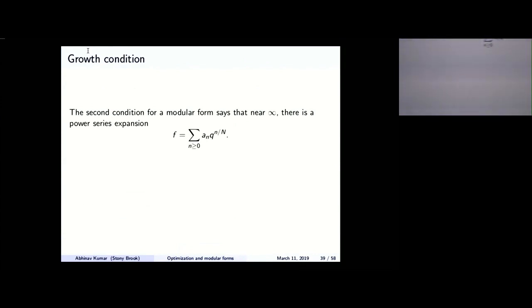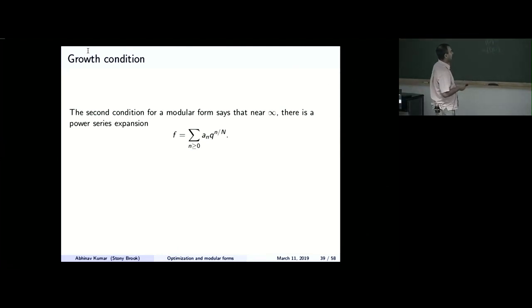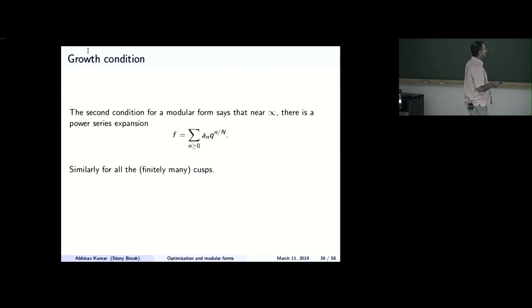So there's a power series expansion, and the modular form says that this expansion should not have any negative terms when you write it down. So at infinity, it should not blow up. And similarly, in general, you have what are called cusps for a group like SL2Z. It should not blow up at any of the cusps.